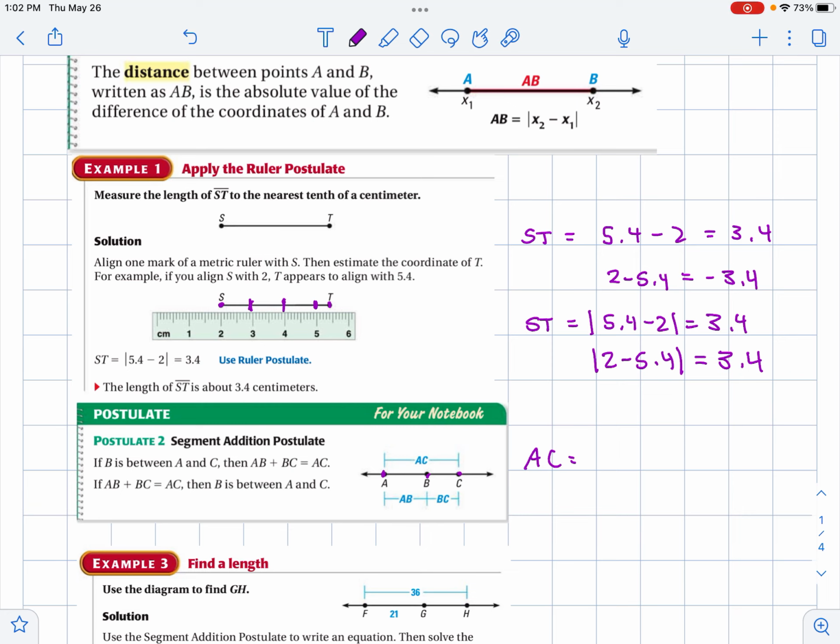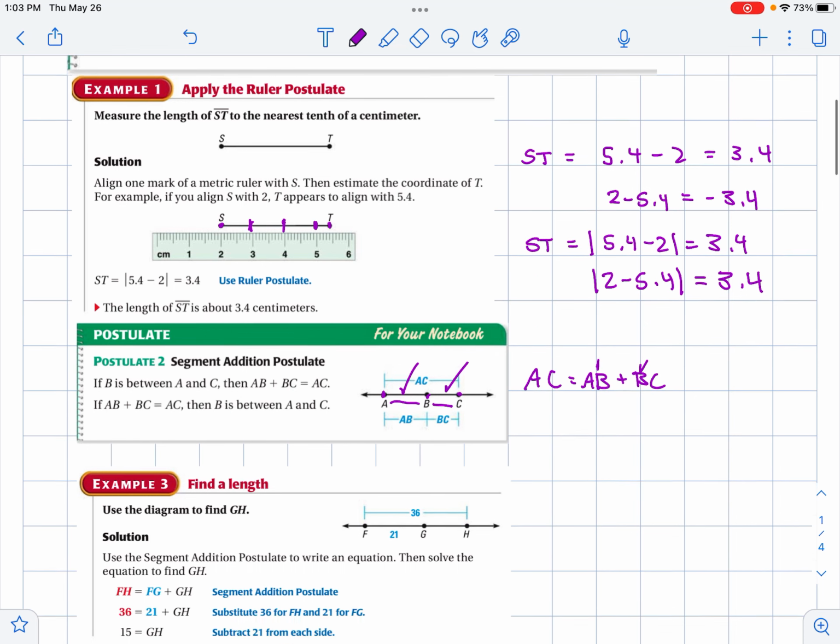Well, I could measure the length from A to B and add that to the length from B to C. So see, that's an example of the segment addition postulate. That's simple. You just stop here at B and then you pick it up again at B. So you add this distance and this distance.